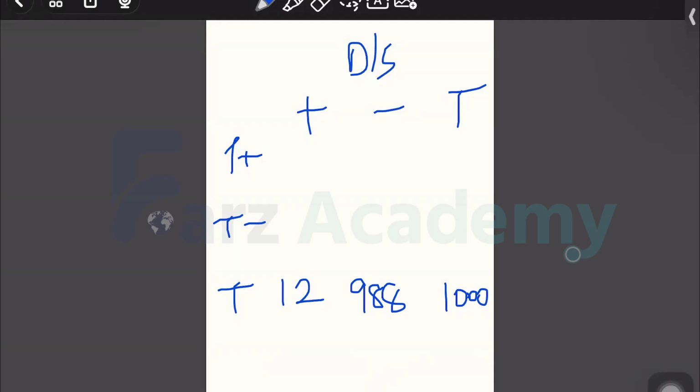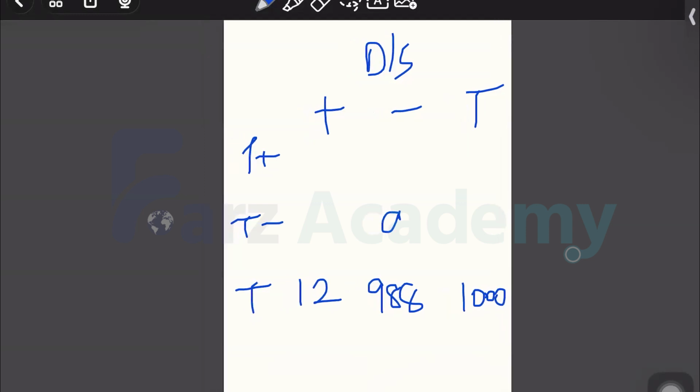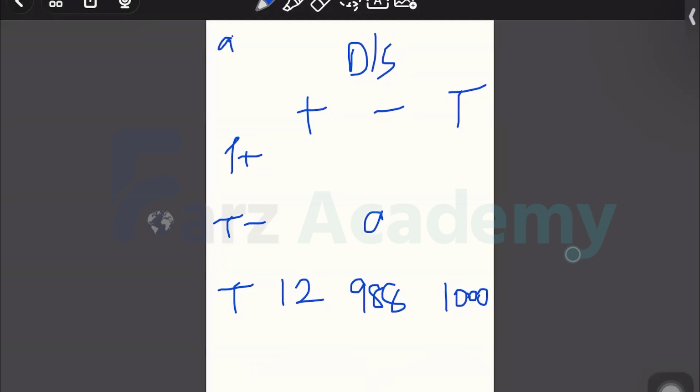Then specificity is 93%. So 93% of 988 would come to somewhere around 920. Okay, so 920 and this 988. So this would be approximately 68.